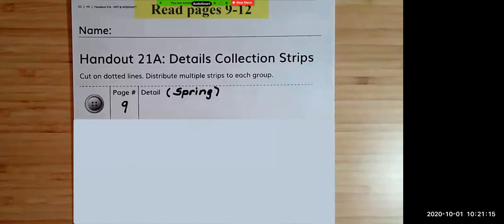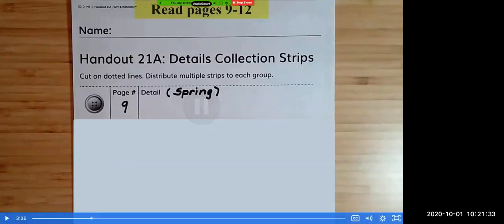21A and your pencil. And at the very top of the handout, even above your name, please write read pages 9 through 12. Pause here to do that, and then just hit play when you're ready to continue. All right, so pages 9 through 11. I'm going to read aloud to you, okay? So just a few weeks ago, all the leaves were green.